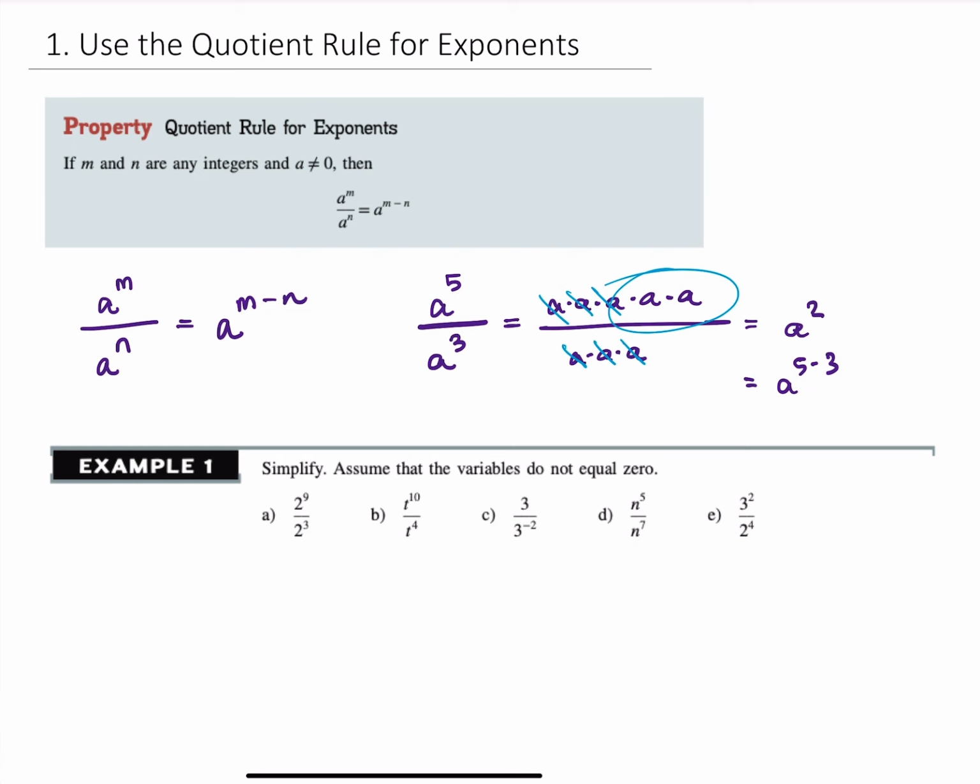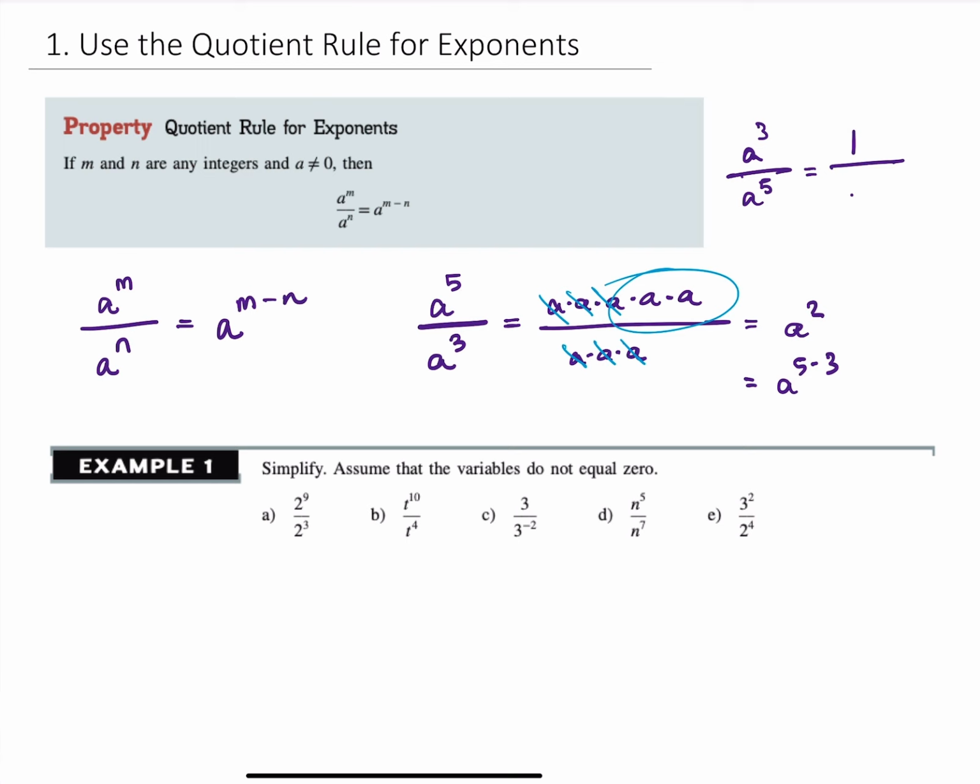And you might cancel everything from the denominator, or if this was flipped, say a cubed over a to the fifth power, we can see all 3 of those a's on the numerator canceling with 3 in the denominator.